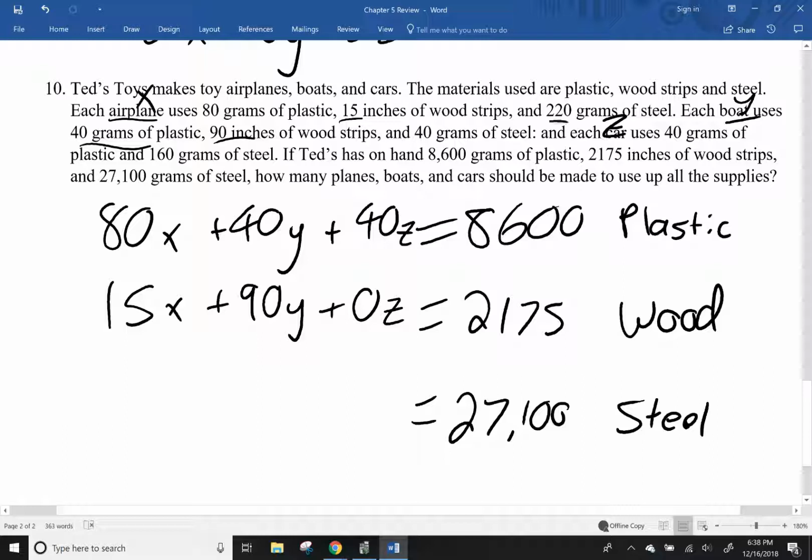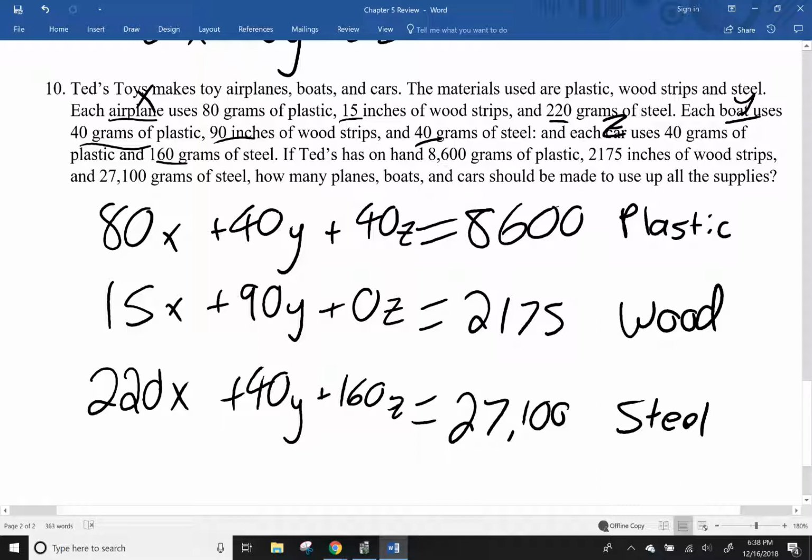So we have planes use 220 steel, so 220X for the airplane. Boat uses 40 grams of steel, and a car uses 160 grams of steel. So there's your equations. Type them in the calculator, get an answer, and you should be all good to go.